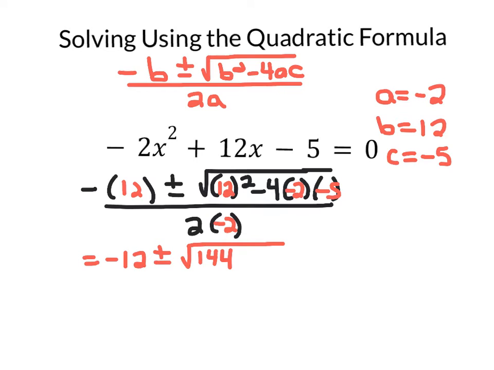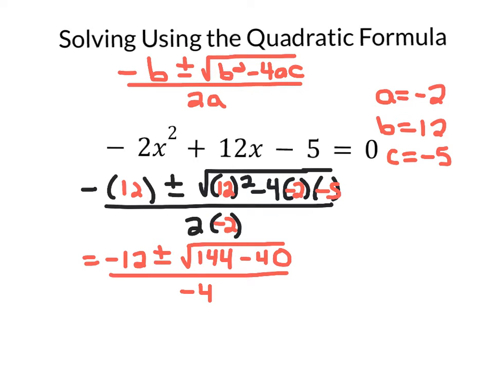Now underneath the radical, you have minus 4 times a times c, or you could look at that as -4 times -2 times -5. If I take -4 times -2, I'm going to get a positive 8, and a positive 8 times -5 is going to give us -40, all divided by 2 times -2, which is -4.